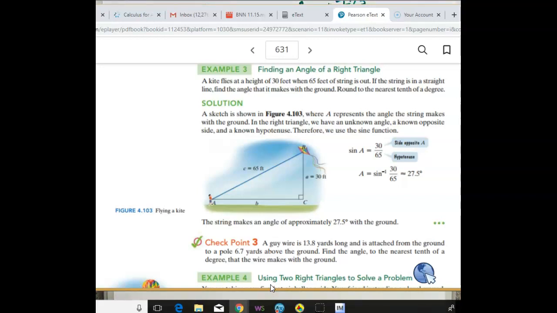All right, so let's take a look at another part. Okay, here.